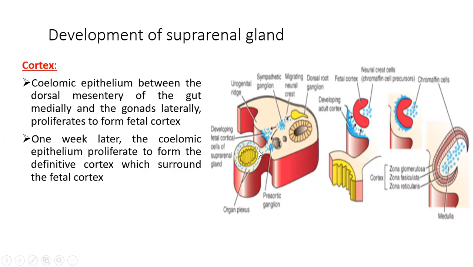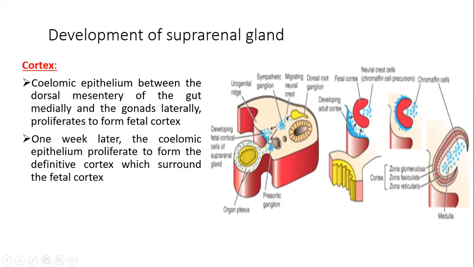So this is during development, in the fetal life. This is the part of the gut, and this is the mesentery. And if you see here, there are some organ plexus which are coming from here.